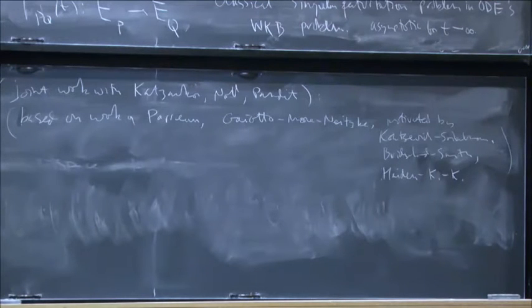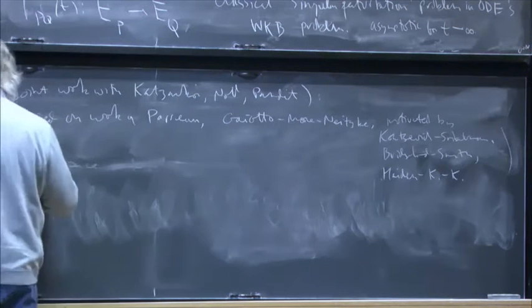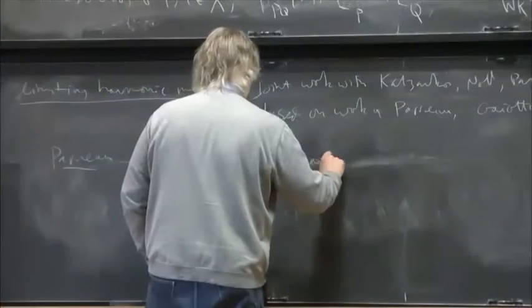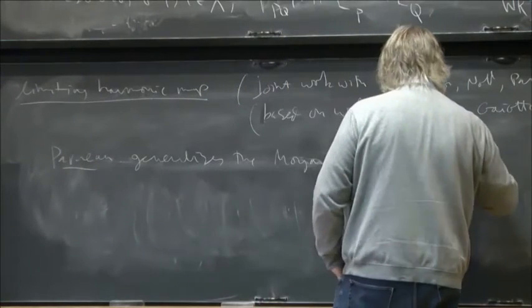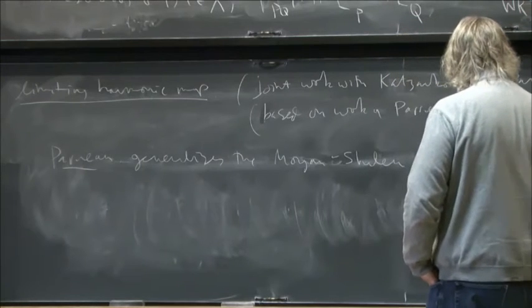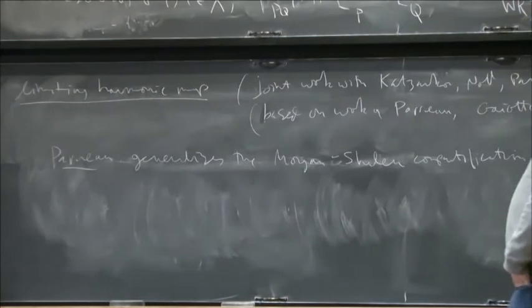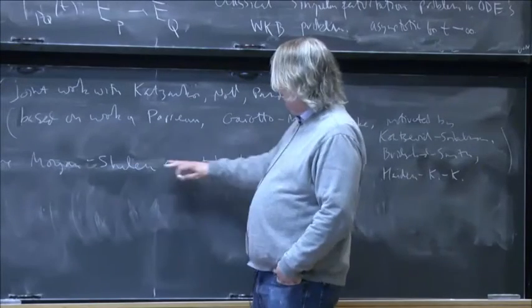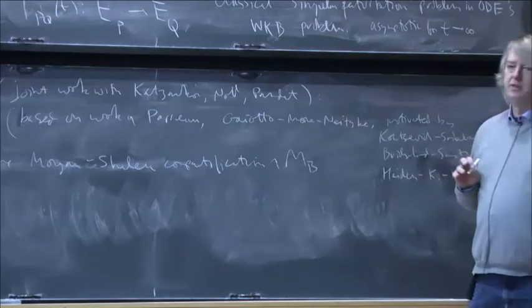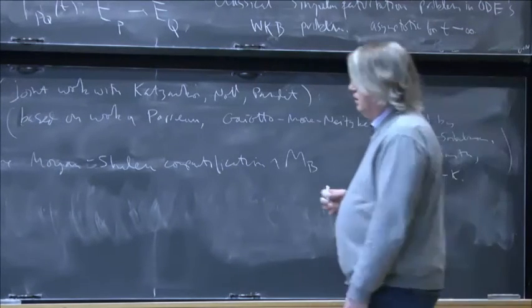So what's the idea? The idea is actually that Parreau generalizes the classical Morgan-Shalen compactification of the character variety. The Morgan-Shalen compactification, I guess, was for SL2, and Parreau's paper treats the case of a general group, basically.